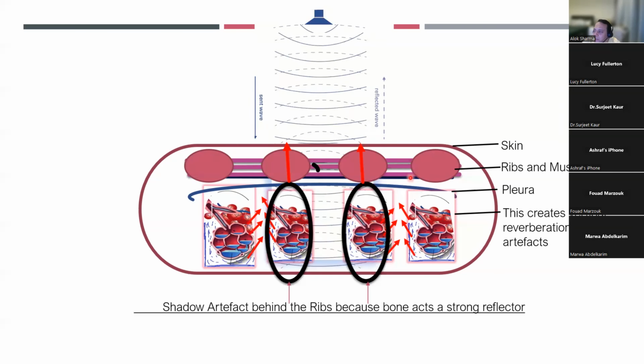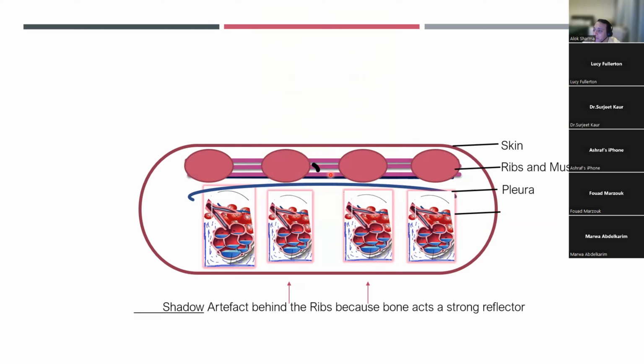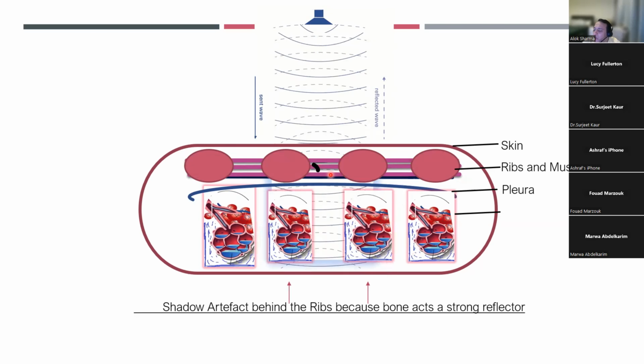And if you look at the pleura where the reverberation artifact is created, naturally, this will travel between these areas because there's no bone. But what you get is this area of acoustic dropout with the ribs. This gives you the wings of the bat. And this area of brightness that you see, which is technically the pleura, because you have more reflection back from the pleura, is really what we call the batwing sign.